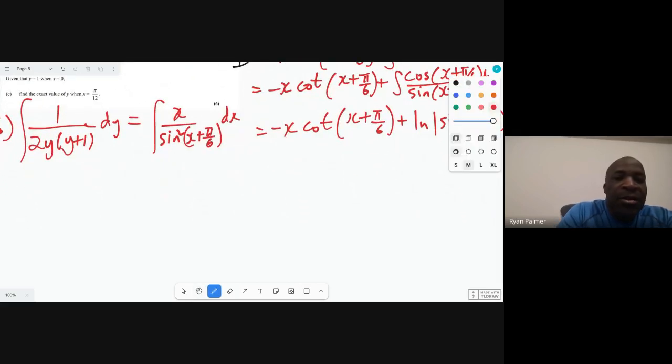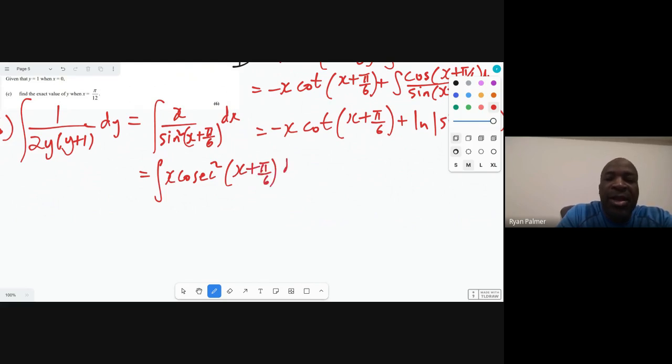If we rewrite the right-hand side, this is the integral of x times cosec square (x plus pi by 6) dx. And we see how that ties into the result that we have previously worked out.